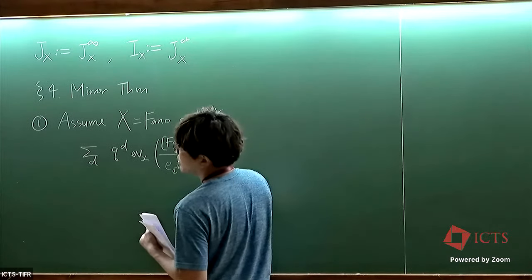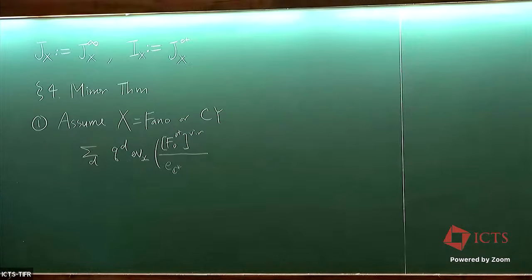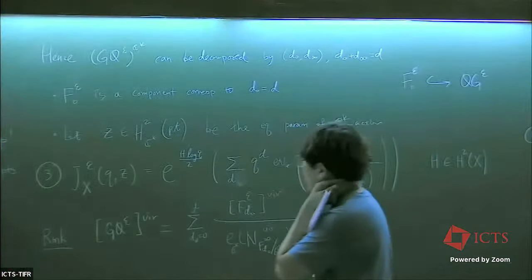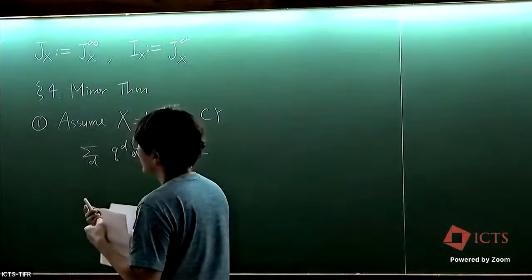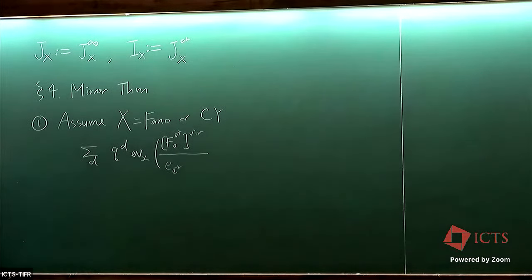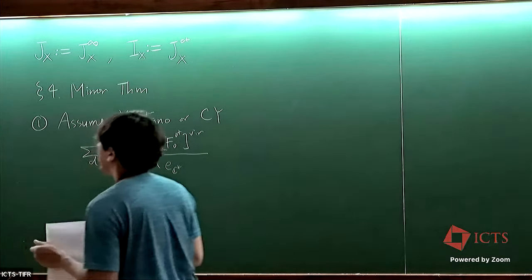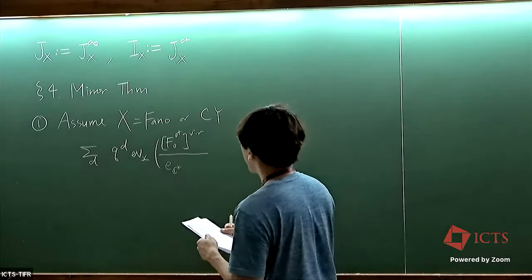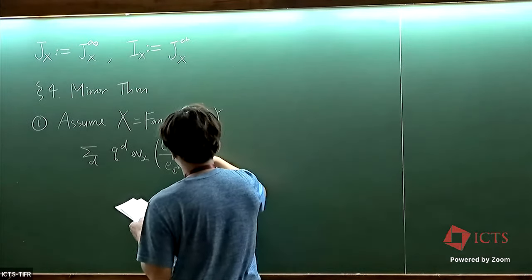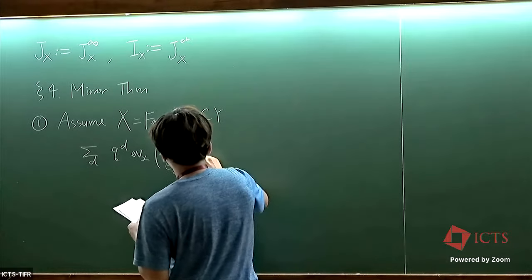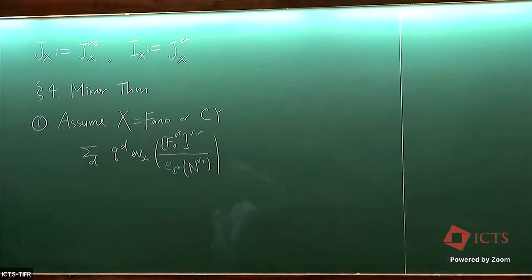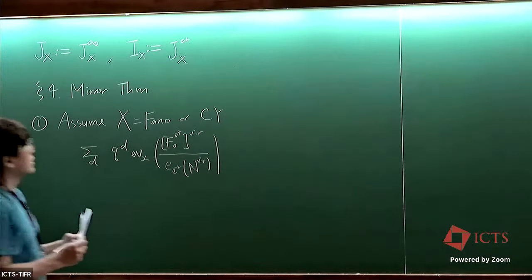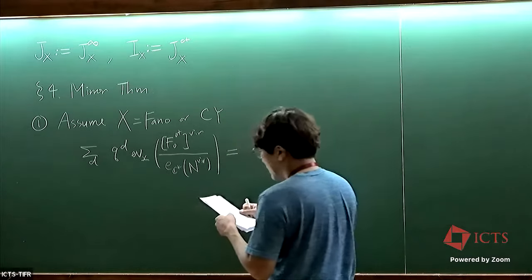Because this graph space depends on D, so we collect all such things, so maybe some subscript or superscript of D should be here. Sorry for the confusing notation. Anyway, we only consider this part, ignoring that part. Then let's expand this.